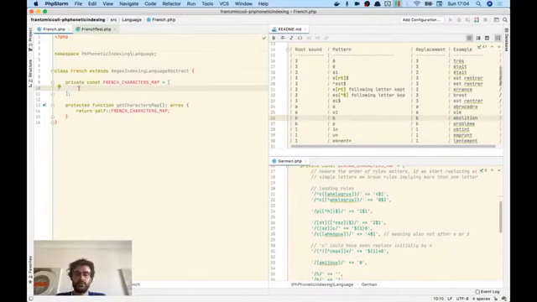So we said, if it's something that is E or E, then we just replace it by 3.